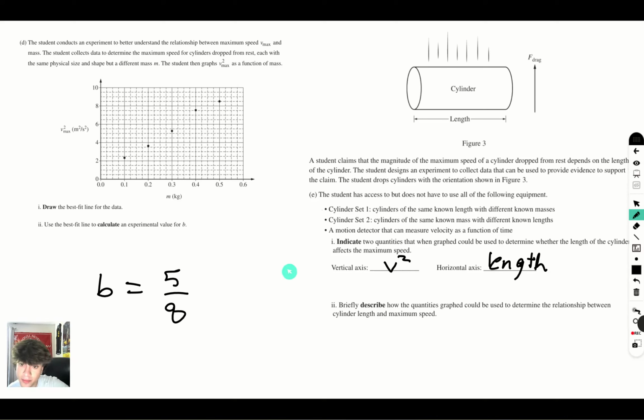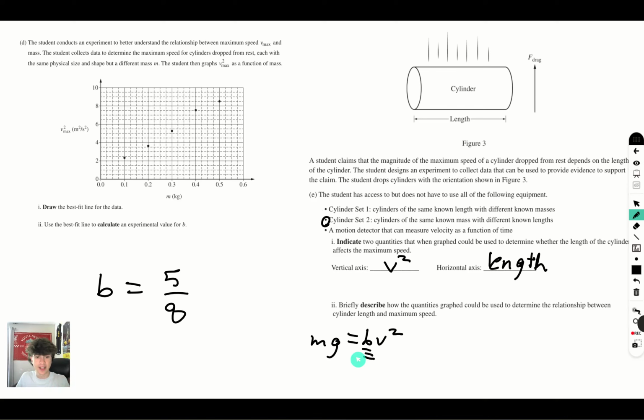And part 2 is just asking us to briefly describe how the graph could be determined. So let's take a look at our equation at terminal velocity. We have mg is equal to bv squared. And what I would do is say that I chose cylinder set 2, where the masses do not change but the lengths do, because we know that the lengths will play a part in the b portion of this equation.